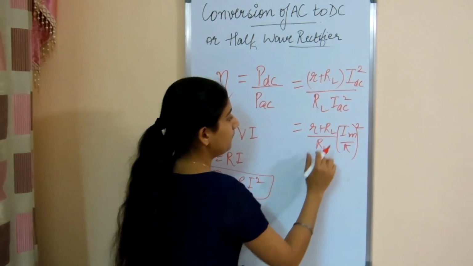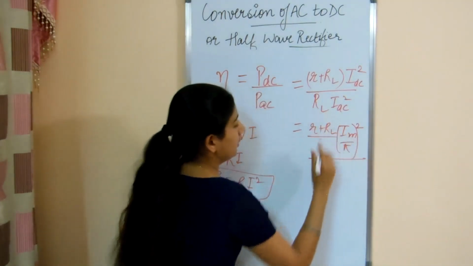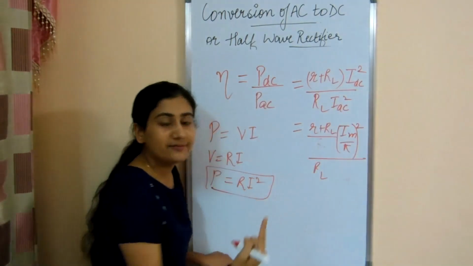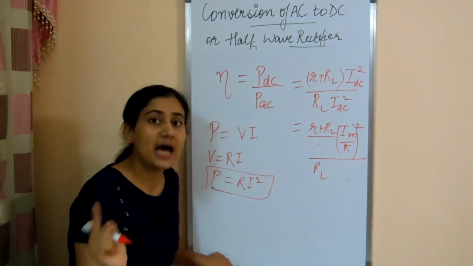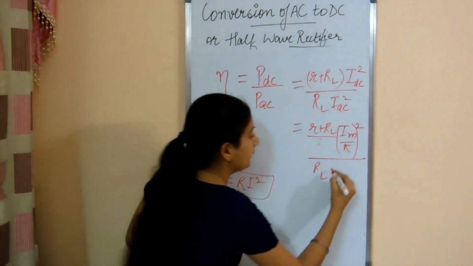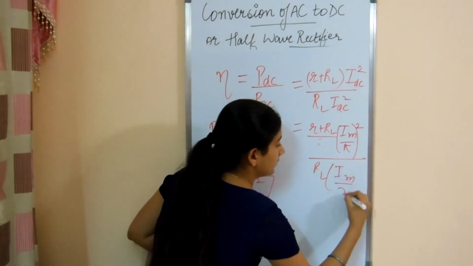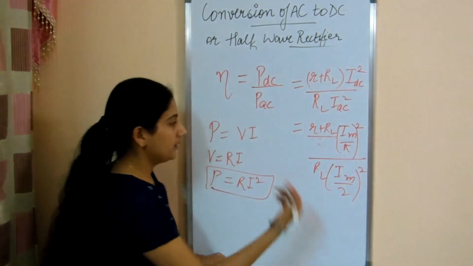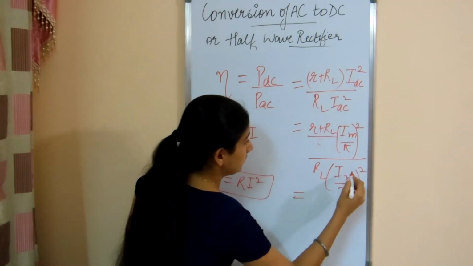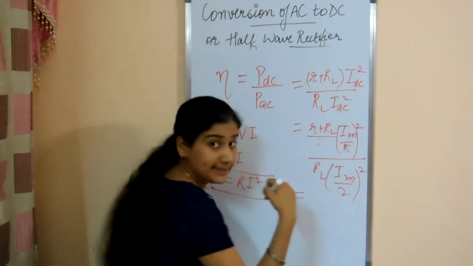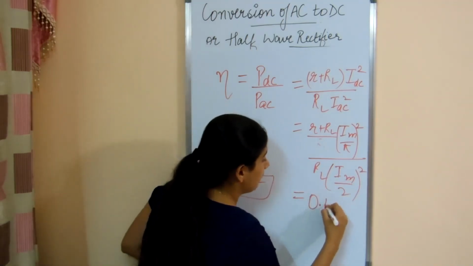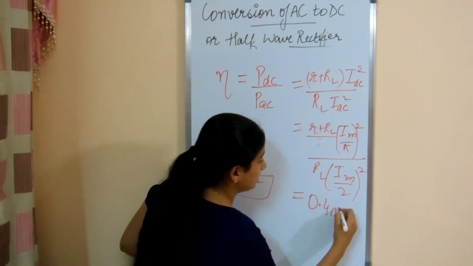So this is the value, and we have RL here. For AC we have calculated the RMS value of the AC current, and the RMS value was this. Now if we calculate all those things, we are going to get near about 0.40.